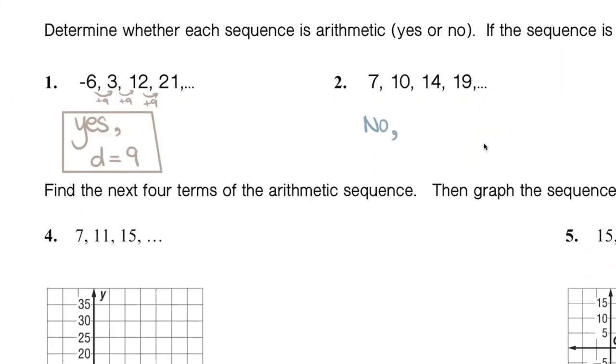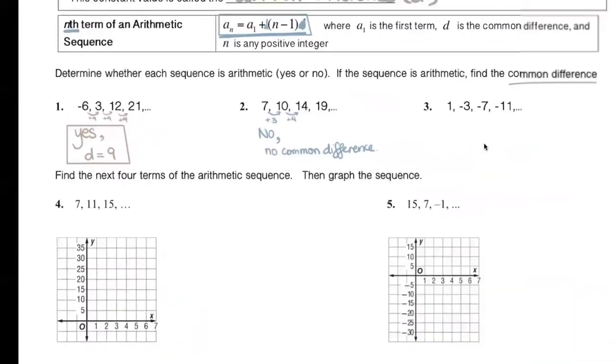Good, yeah, because to get from 7 to 10, what did you have to add? 3. Good. And from 10 to 4, you would have to add... I think I heard 4. Okay. So yeah, there is no common difference. So no common difference is the reason. Perfect. Good job, guys.